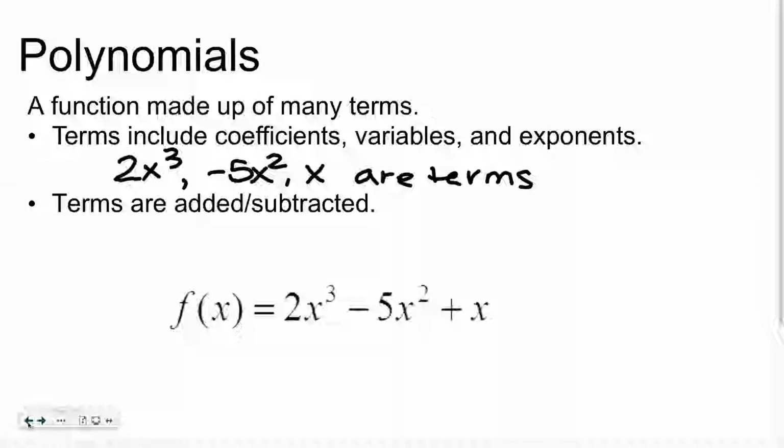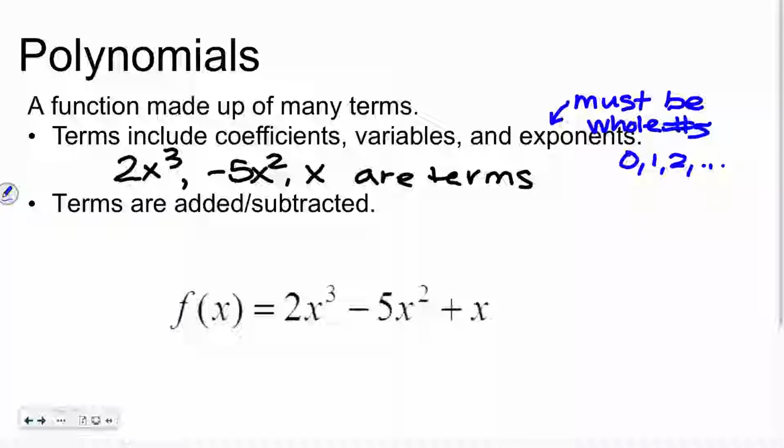But make a little note to yourself. Exponents must be whole numbers. So whole numbers are numbers like 0, 1, 2, 3, etc. So we can't divide by x.